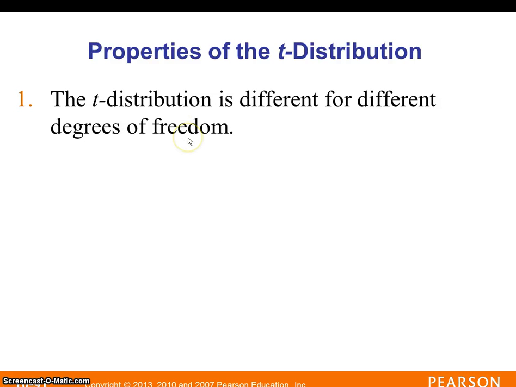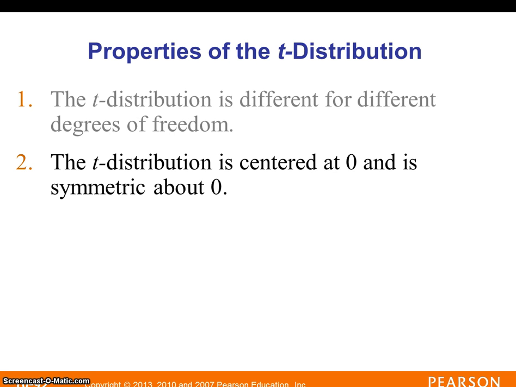The properties of the t distribution are that, again, the t distribution is different for different degrees of freedom, and it is centered around 0 and symmetric, unlike the chi-squared distribution.